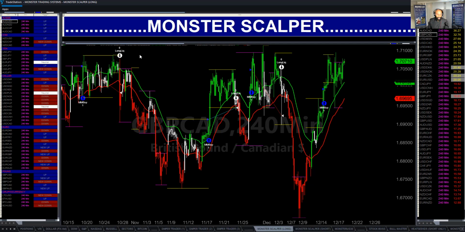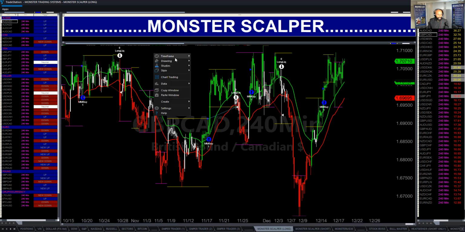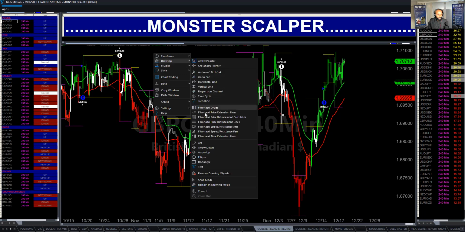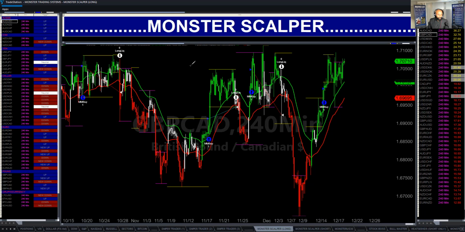And we've got some pretty strong resistance right here. If the price breaks this resistance, we could definitely move higher.